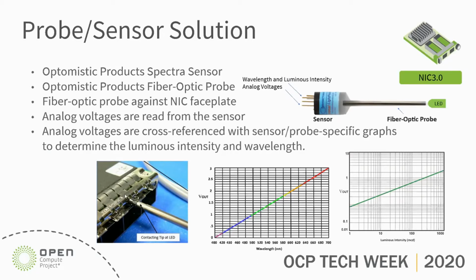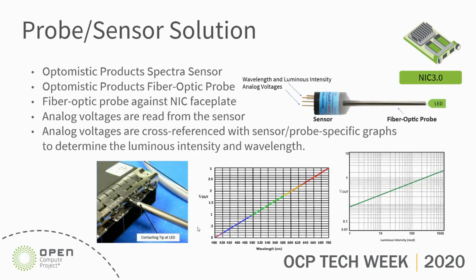Something else we want to emphasize: a lot of times when you're measuring luminous intensity, you're measuring at LED level. That's not really what we're looking for. We want it at NIC level. As you can see in the picture at bottom left of the fiber optic probe, our methodology recommends measuring right at the faceplate.